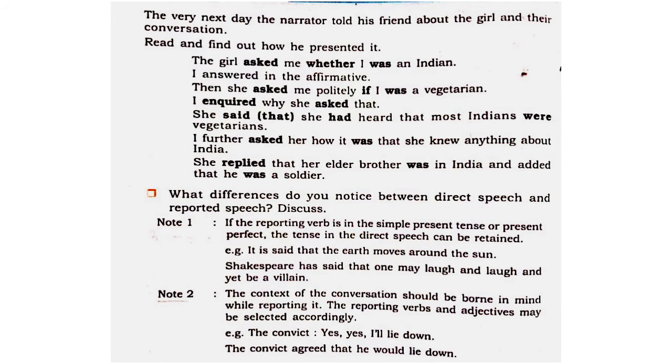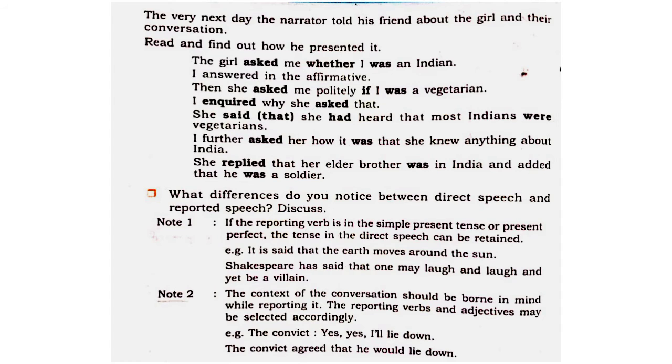Example: it is said that the earth moves around the sun. Shakespeare has said that one may love and yet be a villain. Note two: the context of the conversation should be borne in mind while reporting it. The reporting verbs and adjectives may be selected accordingly.